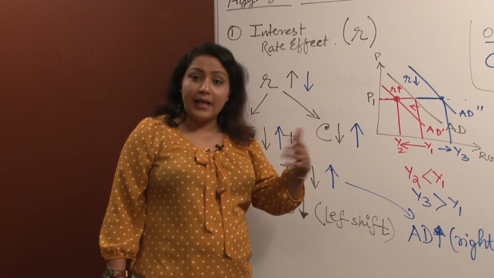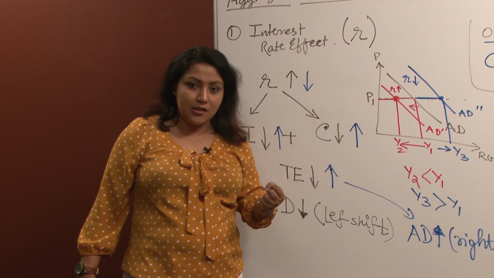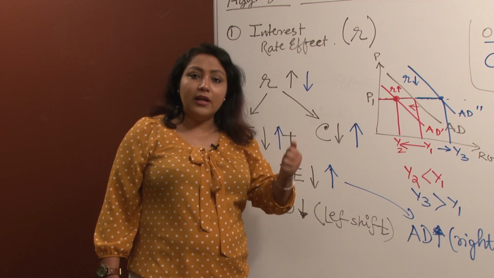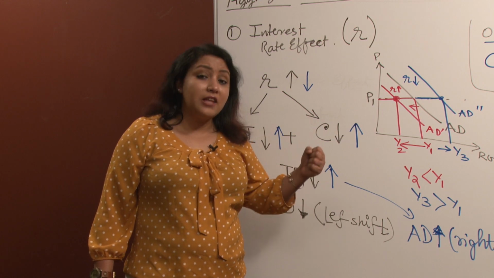It makes them feel negative, and whenever there is a negative feeling, people become defensive, right? So, they think that, okay, the country is not doing good, so I need to save up.